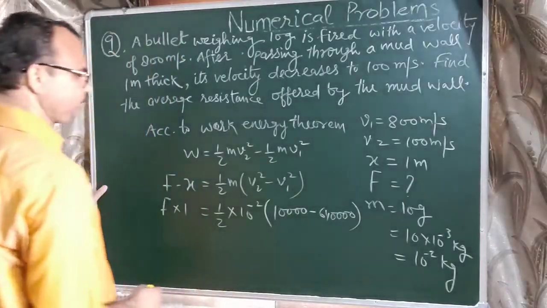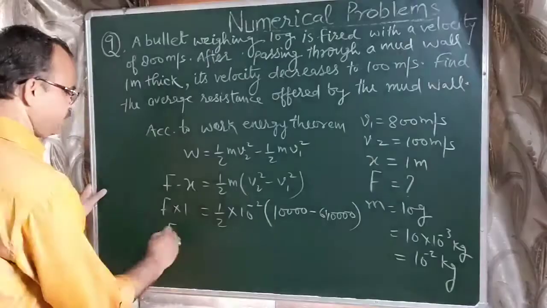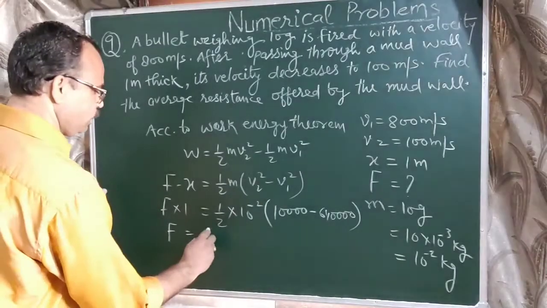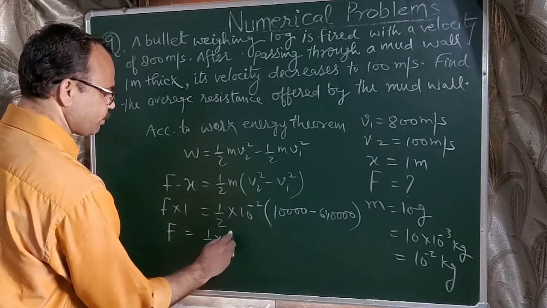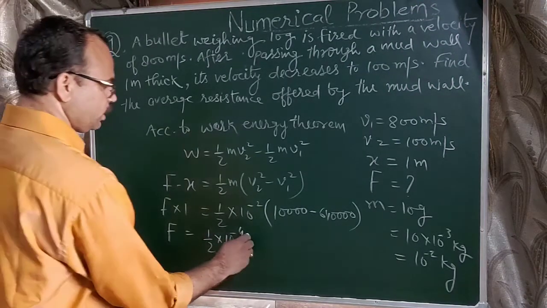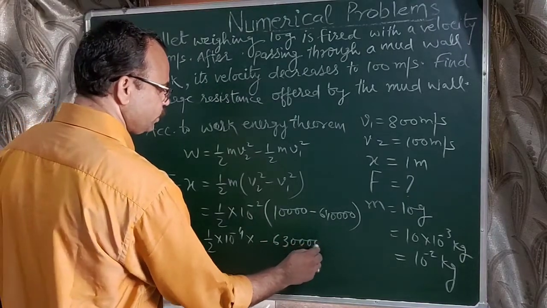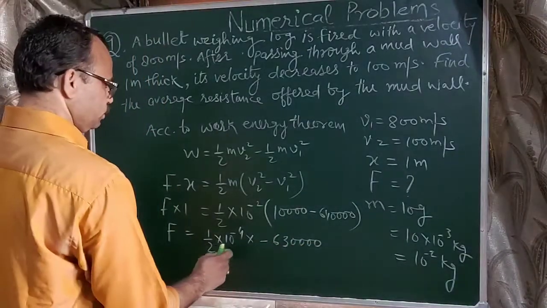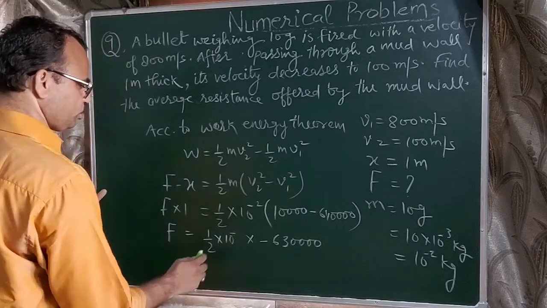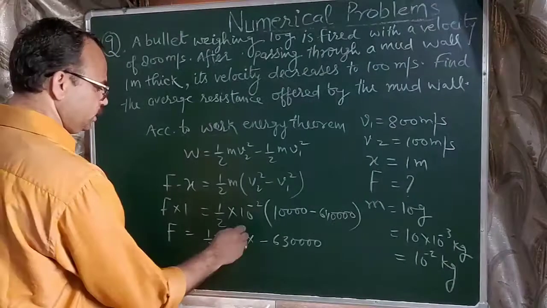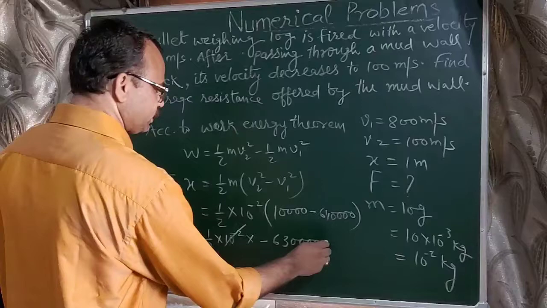Okay. So F is equal to 1 upon 2 into 10 to the power minus 4 into minus 630000. Okay. So this 10 to the power minus 2 and this cancel.